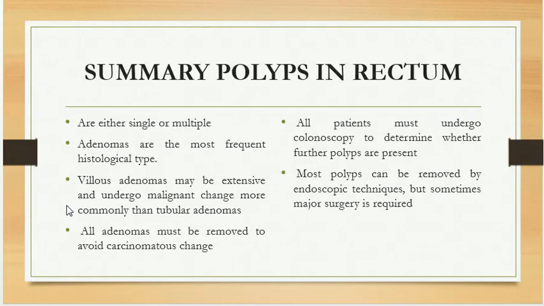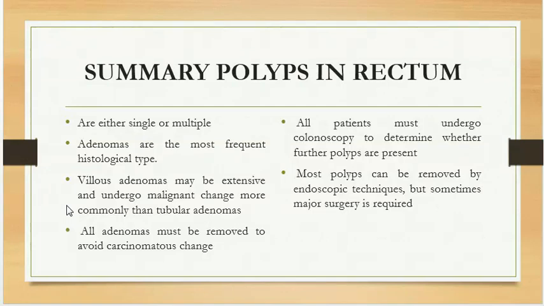So if we summarize the polyps in the rectum, they are either single or multiple. Adenomas are the most frequent histological type. Villous adenomas may be extensive and undergo malignant change more commonly than the tubular variety.